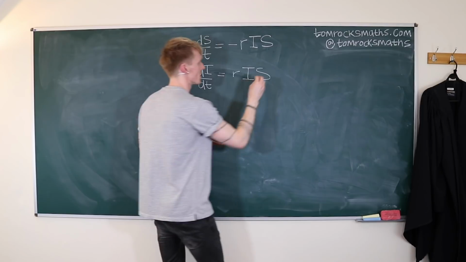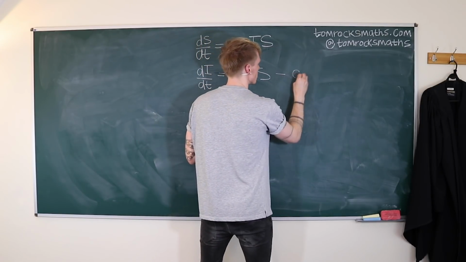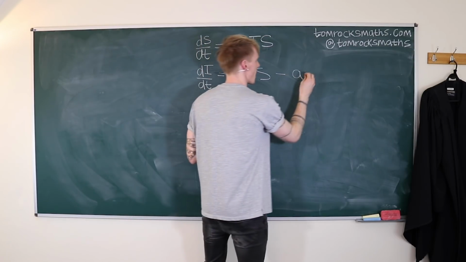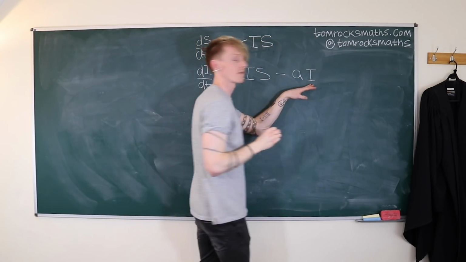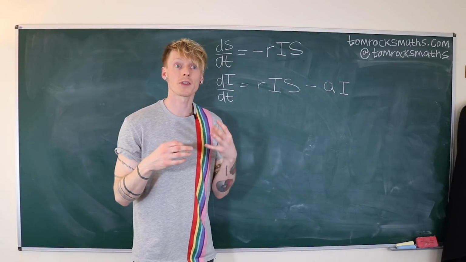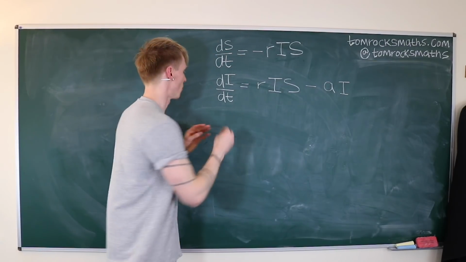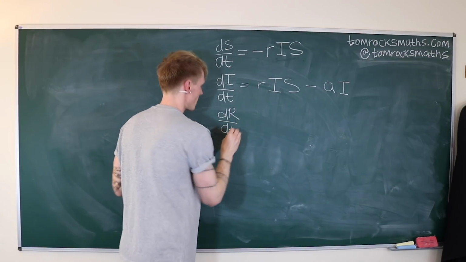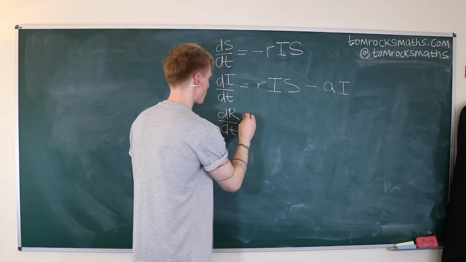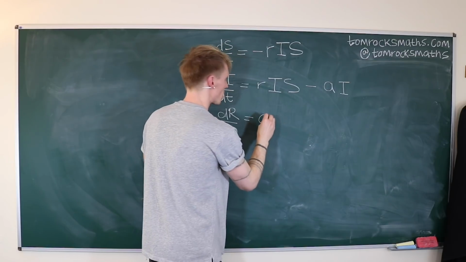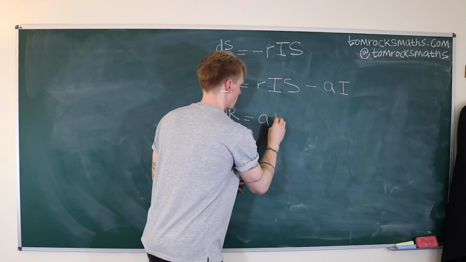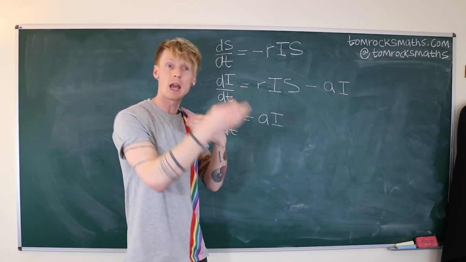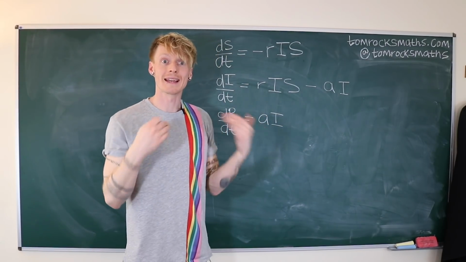But we also saw that this decreased due to some rate of recovery or death, which we labeled with a, times the number of infectives, I. And then our third and final equation for the recovered population, R, told us that the rate of change over time of the recovered population was this recovery or death rate a multiplied by I. And this one, of course, is positive because the R population is growing in this instance.